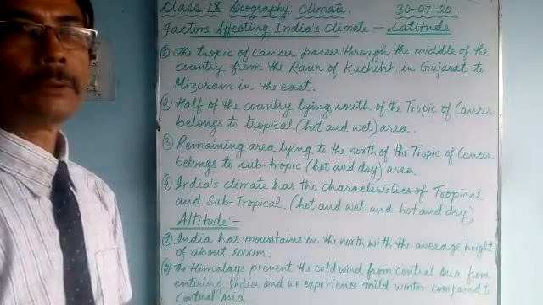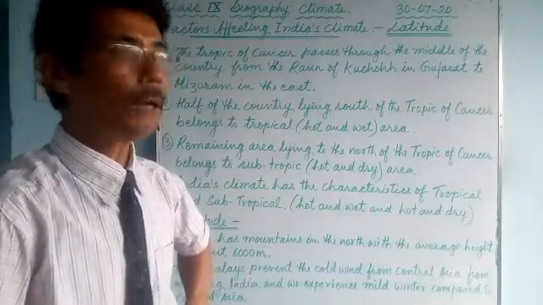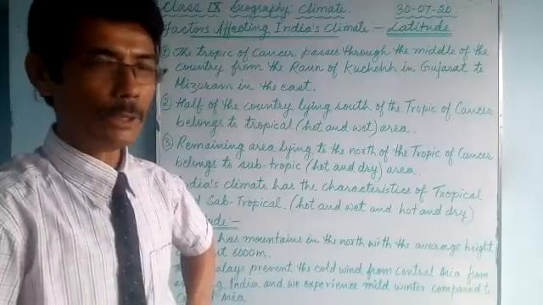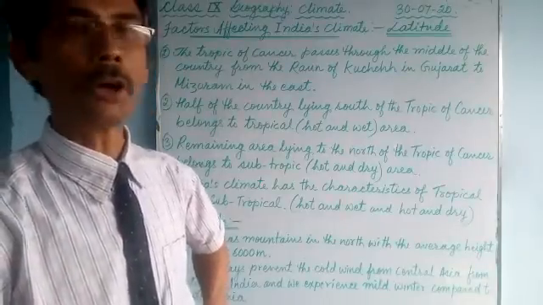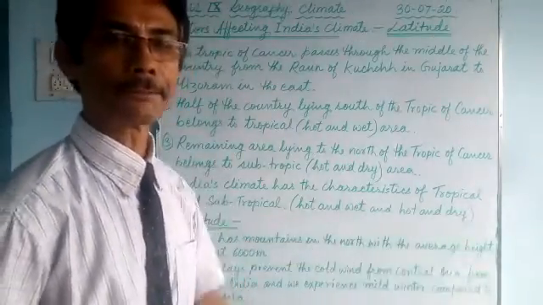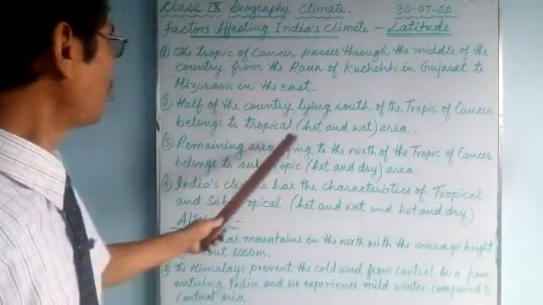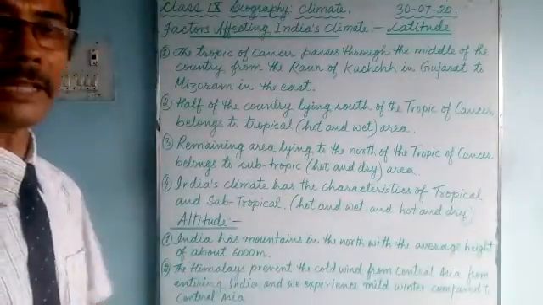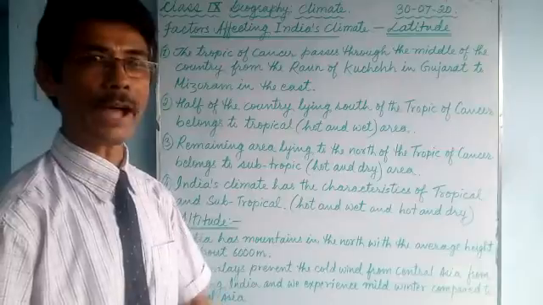Then why does it rain in our country above this Tropic of Cancer? Do you know why? Because of the Himalayas. If the Himalayas were not there, northern India would have turned into a desert, because most of the deserts in the world lie in the subtropical areas, where it is hot and dry.